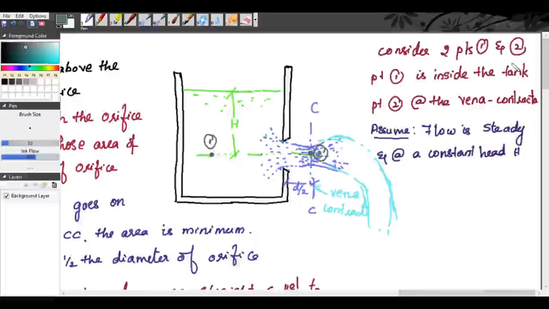So we are considering 2 points: point 1 inside the tank, some distance away from the orifice, and point 2 at the vena contracta.